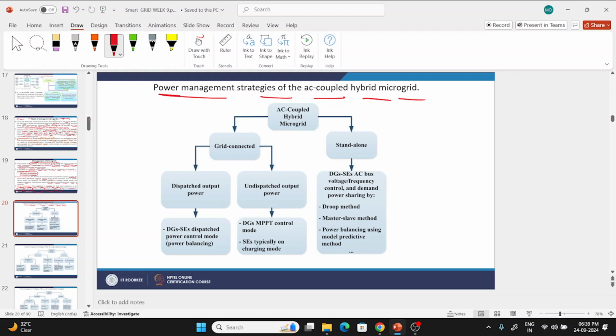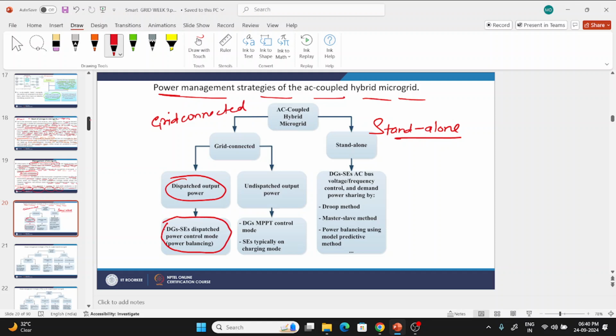As I have said, there are two modes of operation. One is grid connected, the other is standalone. Okay. In the grid connected mode, the power management strategies revolve around how much output power is dispatched, and how much DG and super capacitors are dispatched power.